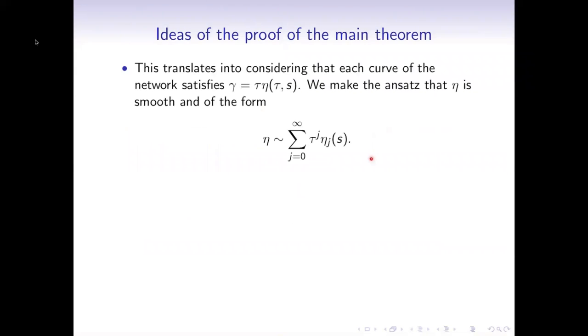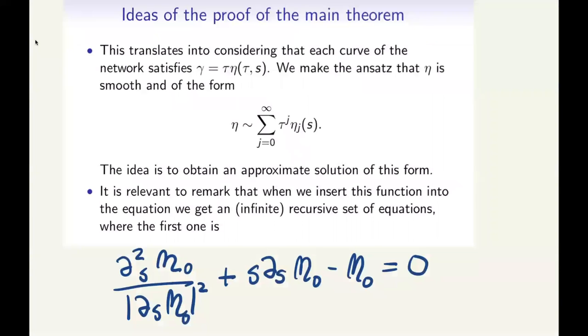Basically, we write this as a power series. Each of these is going to satisfy an ODE that we cannot explicitly solve, but we can show that it has a solution. Let me show you what the first one is. The first one is exactly the equation that self-similar solutions satisfy. So this is a choice that we have to make, a boundary condition that we have to give.